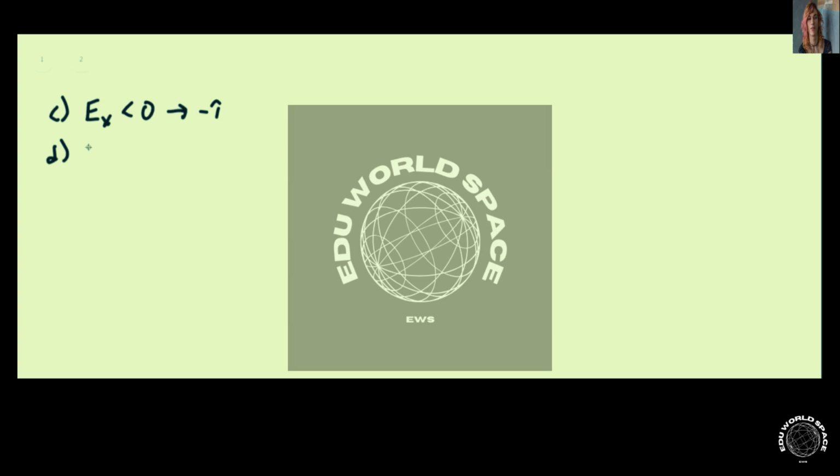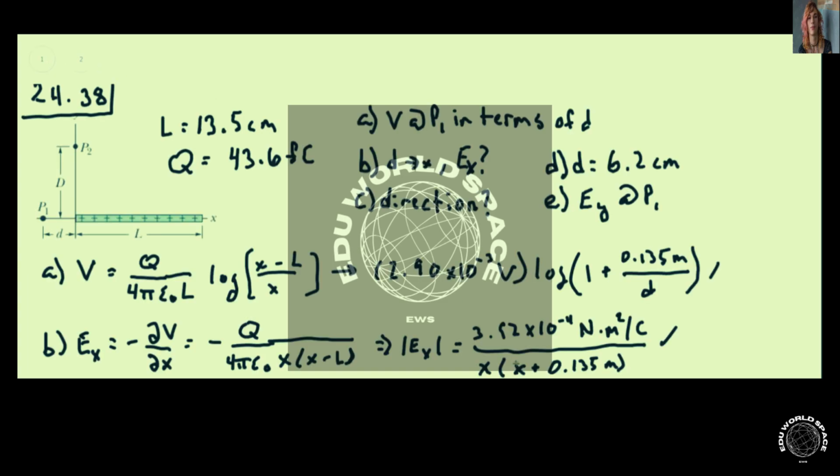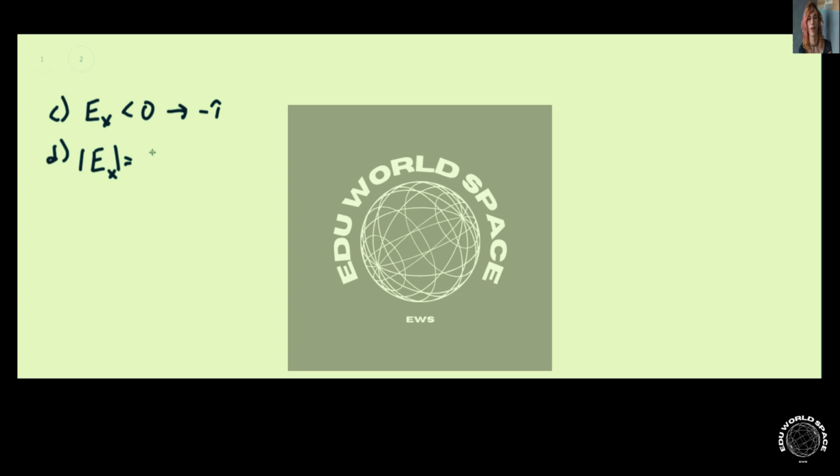So putting in our 6.2 centimeters for d, the magnitude of this, you just take the expression from here, put in the number that you want for d, and this evaluates to 0.0321 volts per meter.